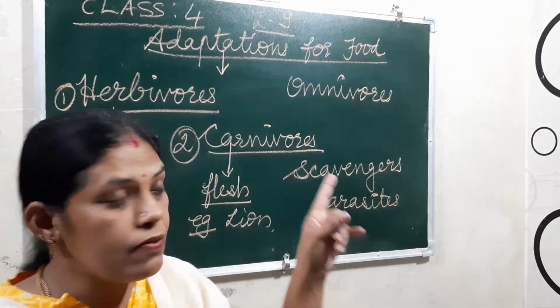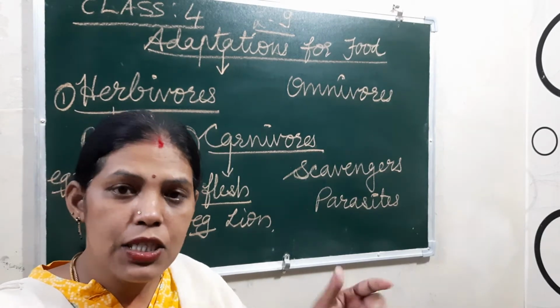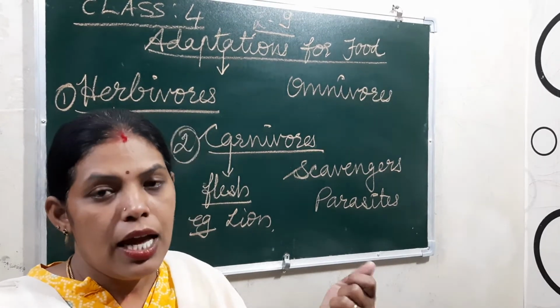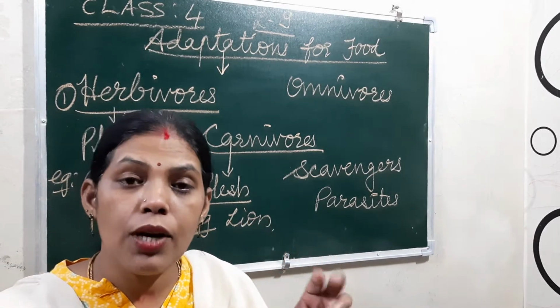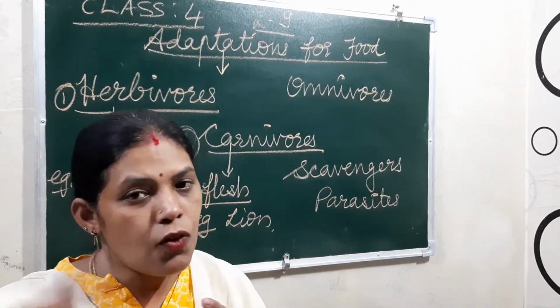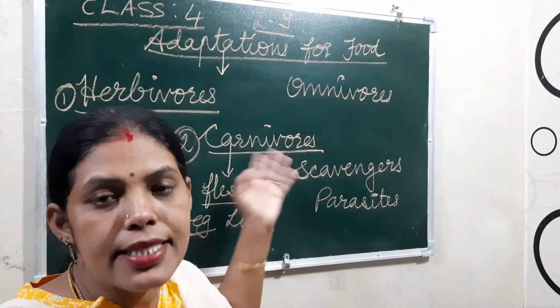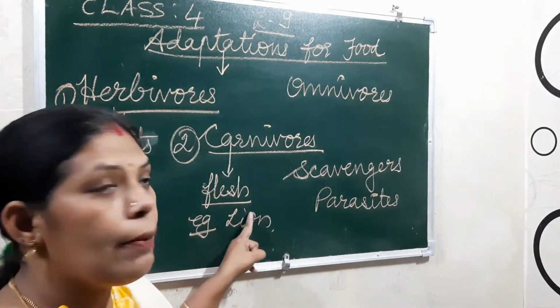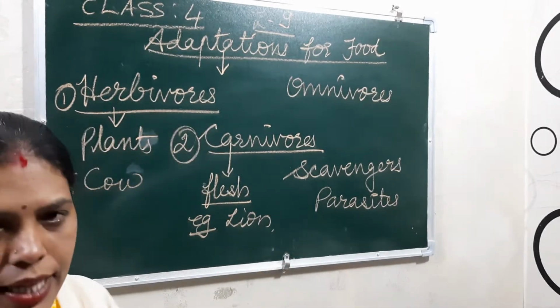The incisors are for biting, canines for tearing the food, and premolars and molars for chewing as well as for grinding the food. So these carnivorous animals have well developed canines to tear the flesh of other animals.